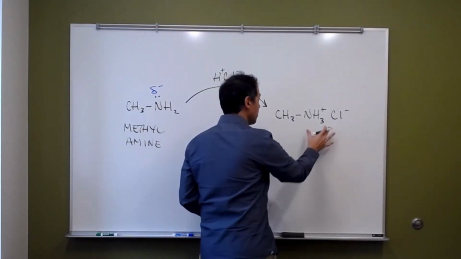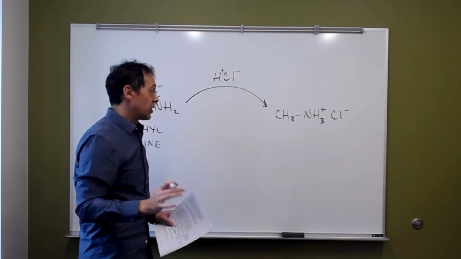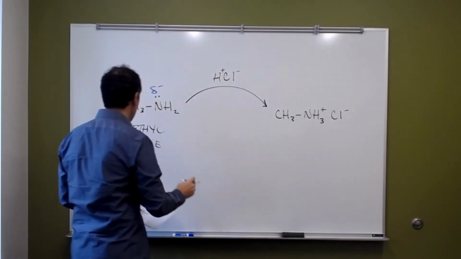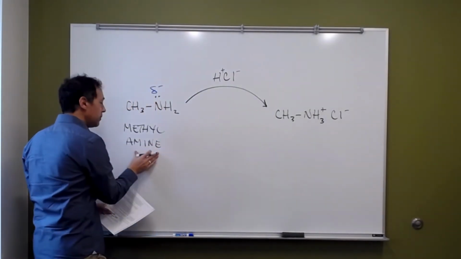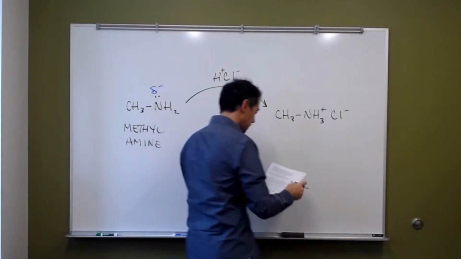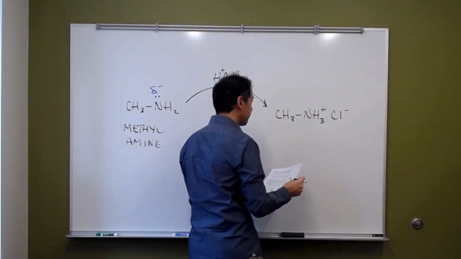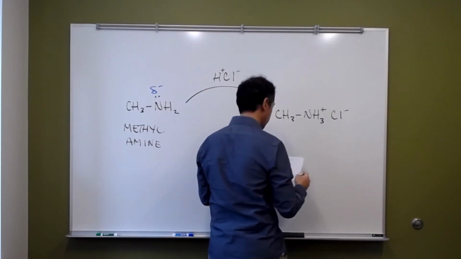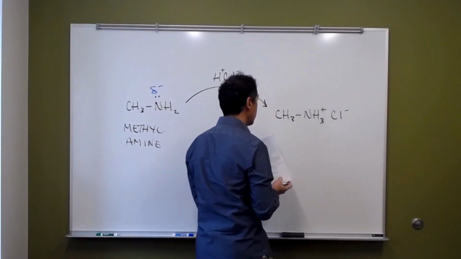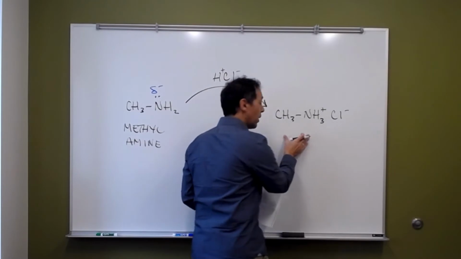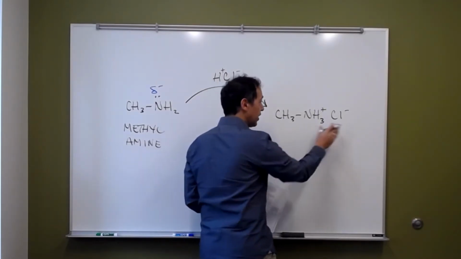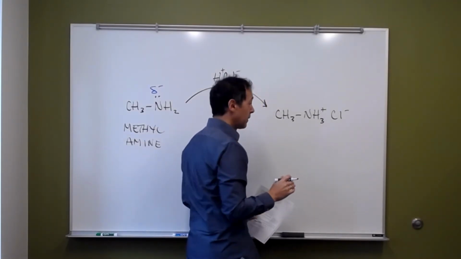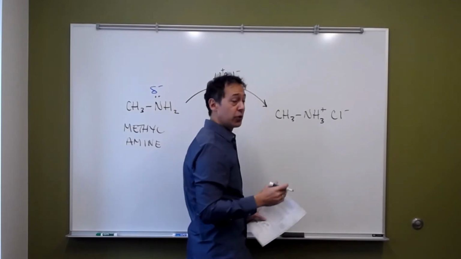And so now this becomes what we would call a salt, okay? And so we started out over here with an amine. Over here we're going to have a salt. And so for naming this, what we're going to do is take the positive side first and then the negative side second, and then we're going to add ammonium to it.